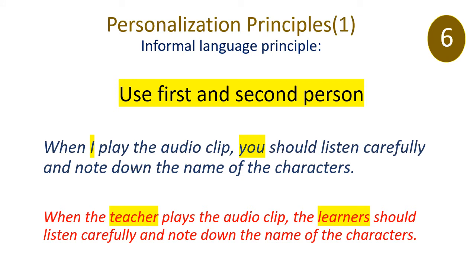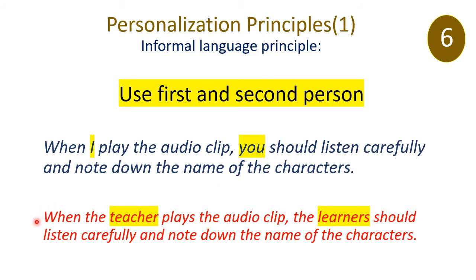Next is personalization principle. The use of informal language. We are expected to use first and second person narrative. For example, in the sentence, when I play the audio clip, you should listen carefully and note down the name of the characters. Here, the personal pronouns I and you are used.